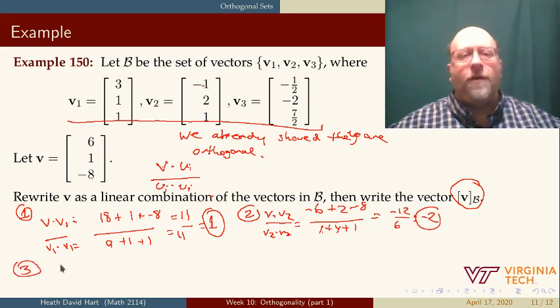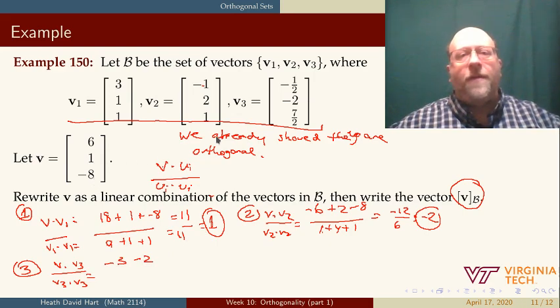The third coordinate is going to be a little bit messier. This is v dot v3 over v3 dot v3. So that's 6 times negative 1/2 is negative 3. 1 times negative 2 is negative 2.